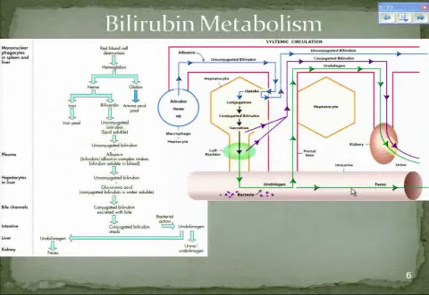One of the things that you need to understand a little bit is bilirubin metabolism. When the red blood cell breaks down, it breaks down into hemoglobin. Hemoglobin then breaks down into two components: heme, which is a pigment.